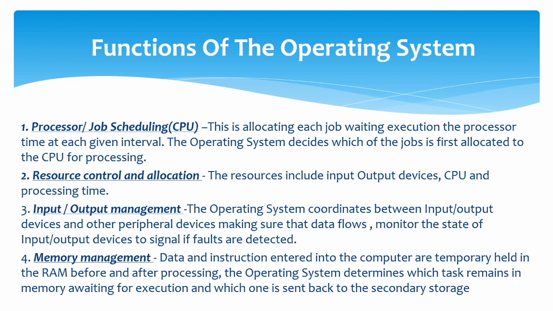The operating system also does management of the memory, temporarily allocating the RAM to tasks that are either about to be processed or have just been processed. Some tasks may need more space, others may not, and others may need to go back to the secondary storage device.